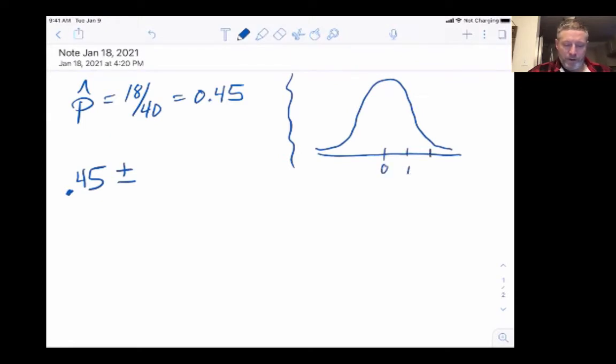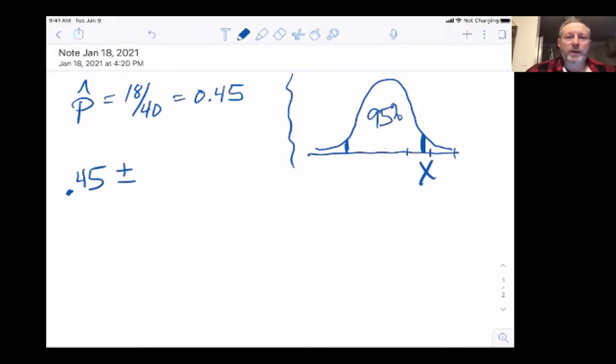We know that if we want 95% in the middle of our normal model, it's about 2 standard deviations, based on something we learned a long time ago. But let's forget about that and pretend we don't know whether it's really 2 standard deviations or not, and we would like to find that value. So let me put an X out here.